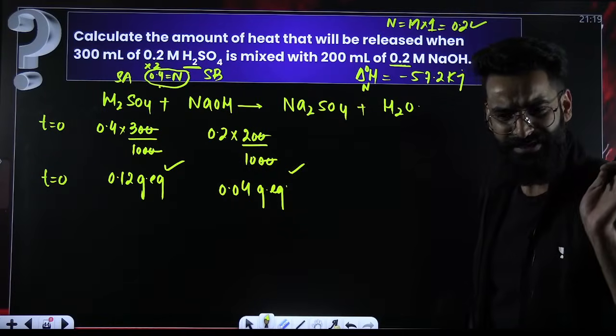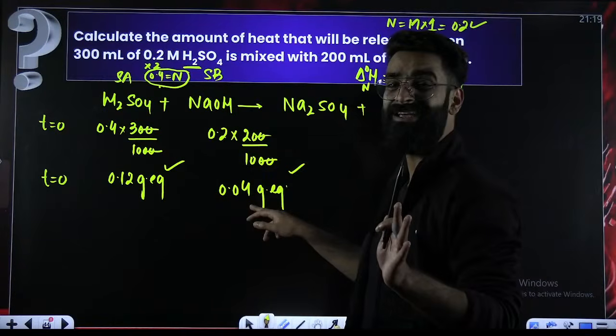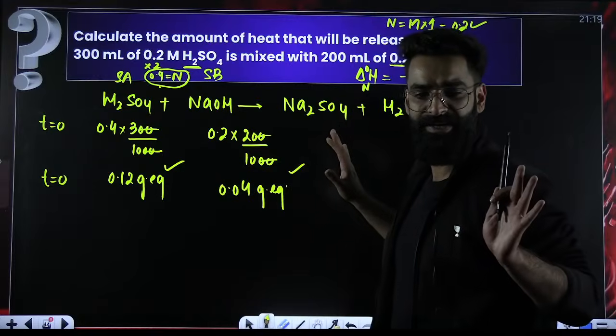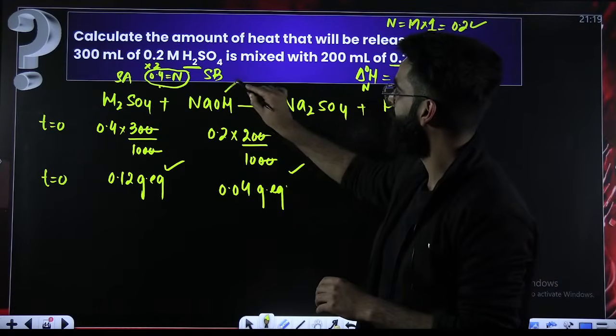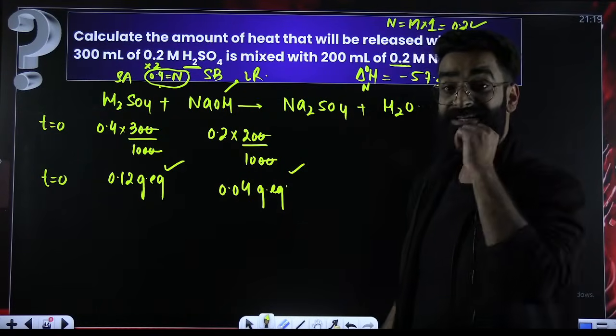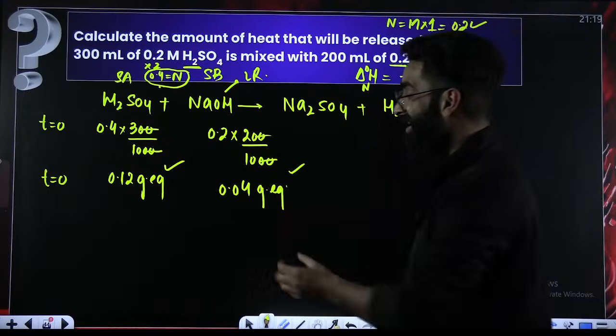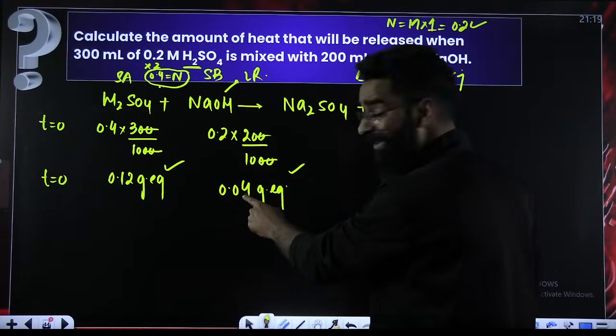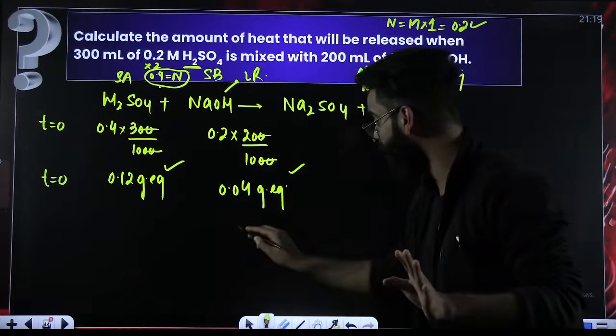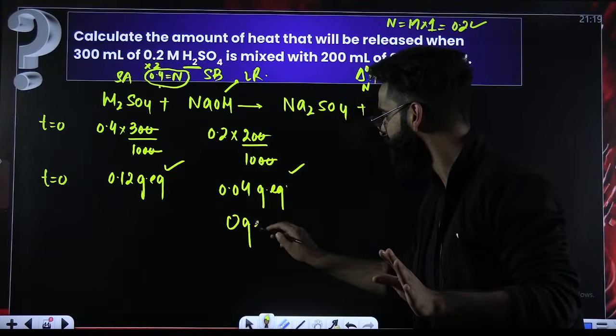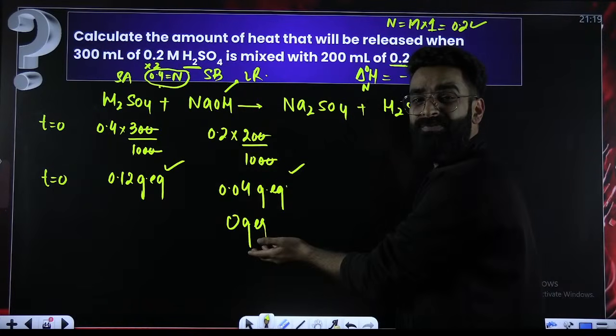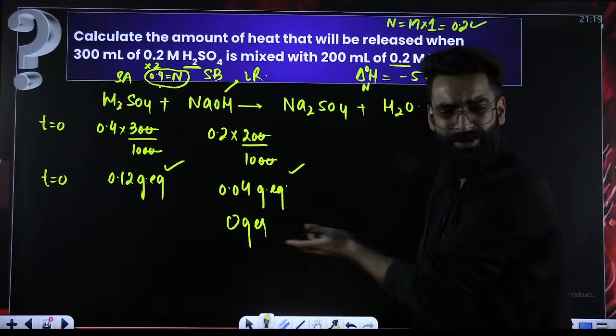The equivalent concept says that the one which has lesser equivalents, that is your limiting reagent. So which one is the limiting reagent? This NaOH is the limiting reagent. If this is the limiting reagent, it would have got completely consumed. So I'll be left with 0 gram equivalents. How many gram equivalents of limiting reagent got consumed? 0.04.